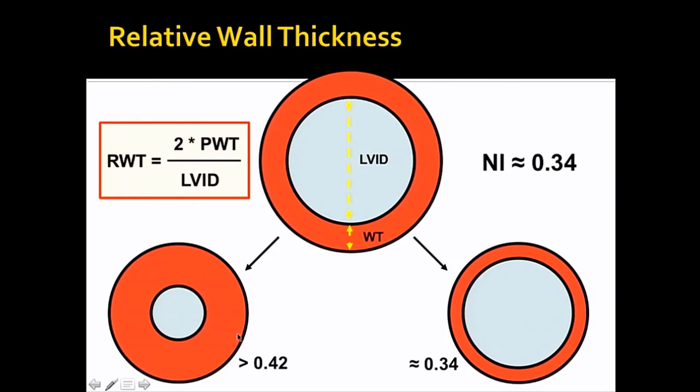This is emphasized here where the cavity looks smaller, with very thick walls, versus eccentric or volume overload hypertrophy, where the cavity is very dilated. So even though the walls are thicker, the cavity is dilated and the relative wall thickness stays the same. So relative wall thickness defines pressure versus volume overload hypertrophy.